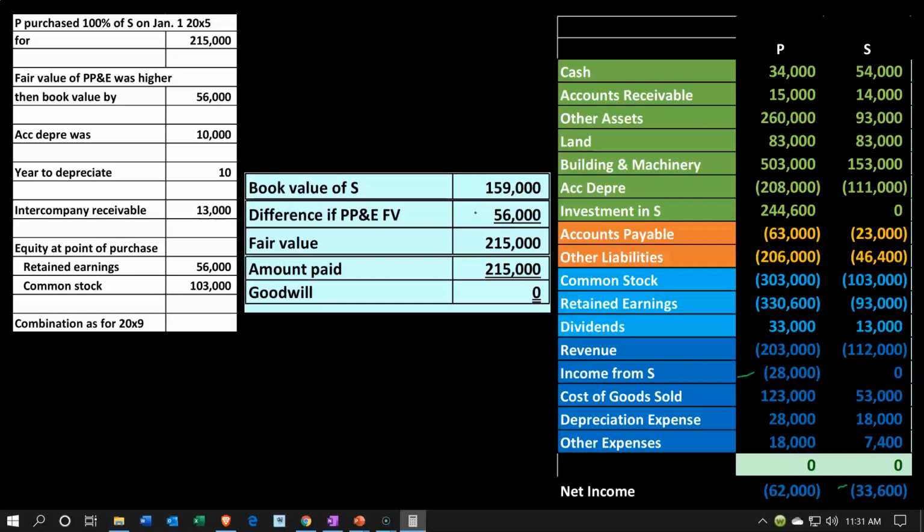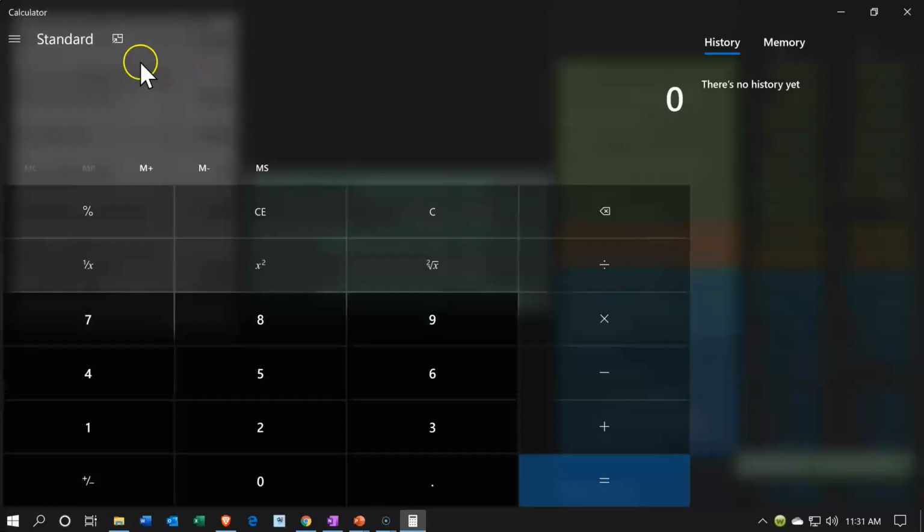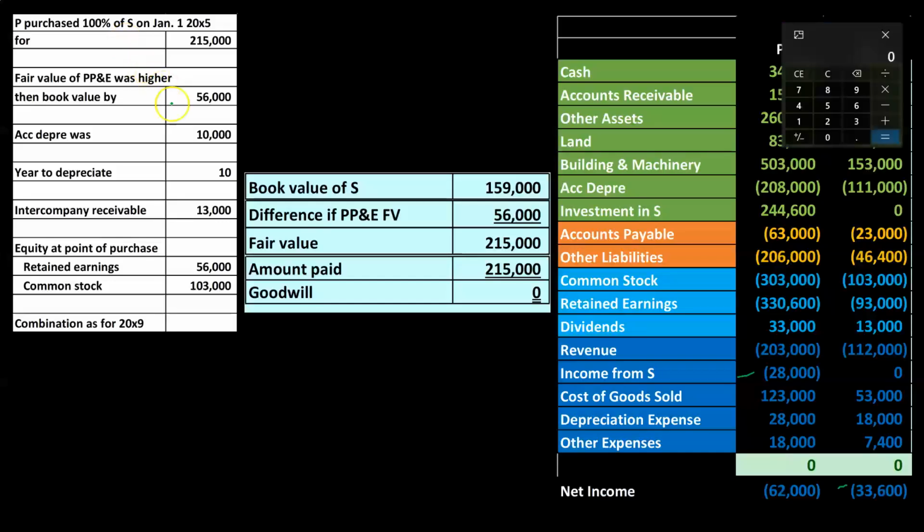If we pull out the trusty calculator, we've got the $56,000 divided by 10. Now that's a simplified calculation because it's 10-year property, but just note, in practice, obviously, we'd have multiple different depreciable assets. We'd need a depreciable asset subledger and calculate the added depreciation on all of it, but you get the idea.